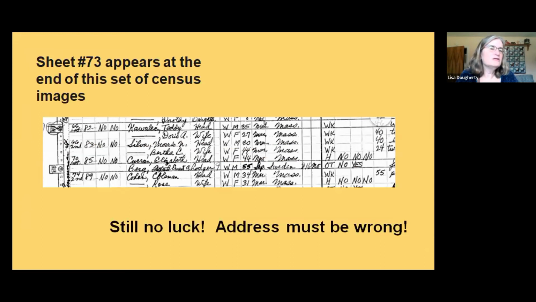Living at 83 Penniman Street is somebody named Morris Silva. And I'm like, that's not the right name. So I'm wondering what's going on here. We knew that that was their address in 1952. Maybe they lived elsewhere in 1950. So again, I'm still thwarted. I still haven't found my father-in-law on the census, and I'm still going to have to keep looking.